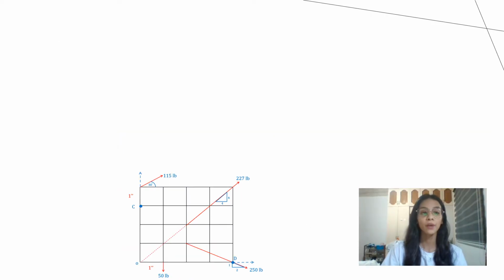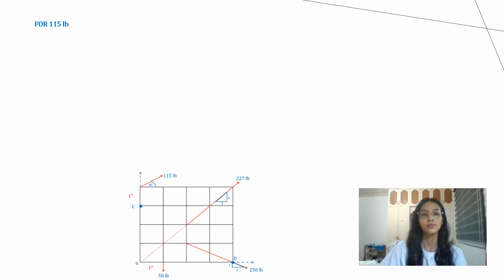For solving our couple, we must first solve the forces. For the force 115 pounds, since the line of action is pointing upwards to the right, it is positive with an angle of 30 degrees.